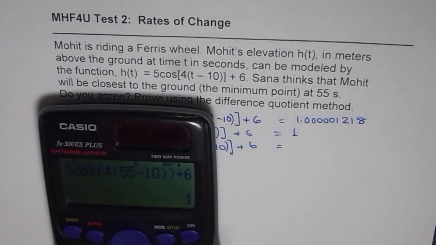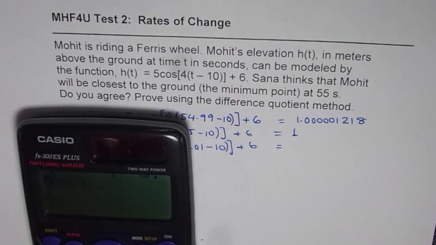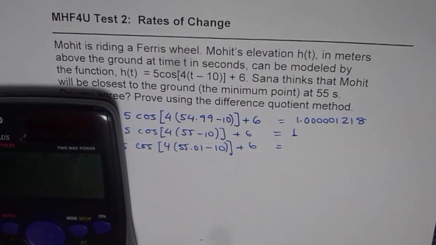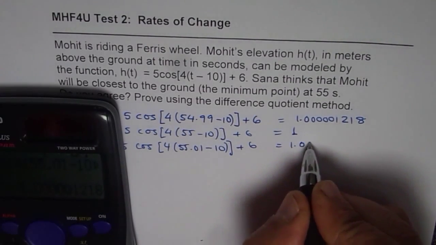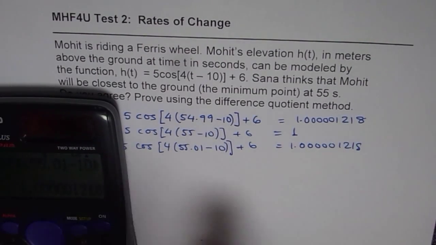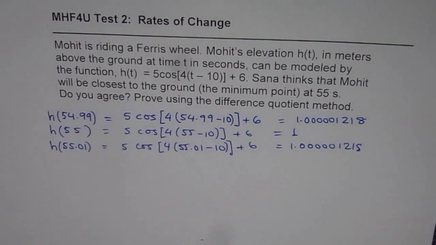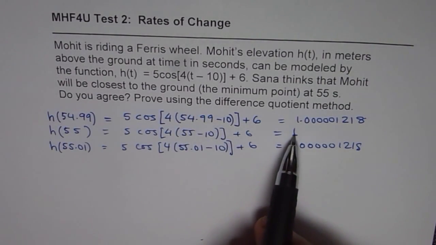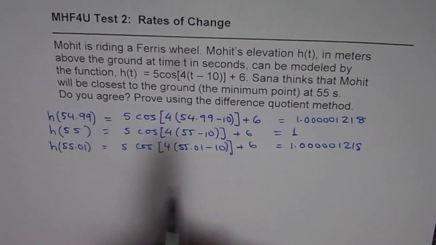So we have 5 times cos of 4 within brackets 55.01 minus 10, 2 brackets closed, plus 6 equals 1.0001218. Exactly the same value, right? Cosine is an even function, and here we get 1, the minimum value, at 55.